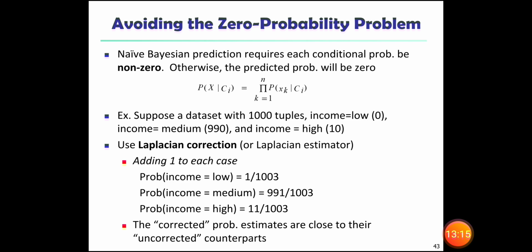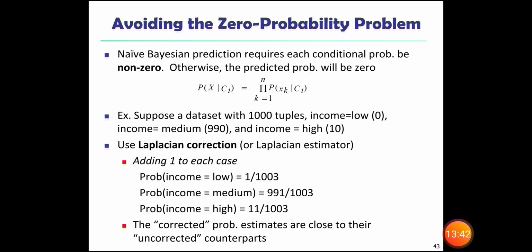Example, suppose we take a data set with 1000 people. There we have income: low income we have taken as 0, medium income is 990, and income high is 10. Okay, so in this you can see the status low, medium, high.